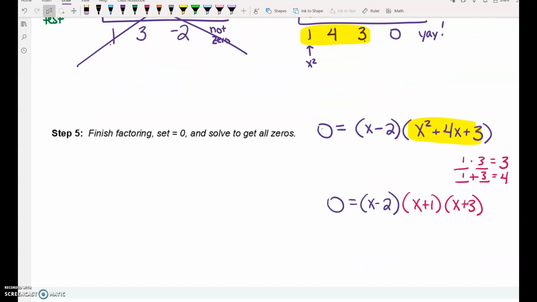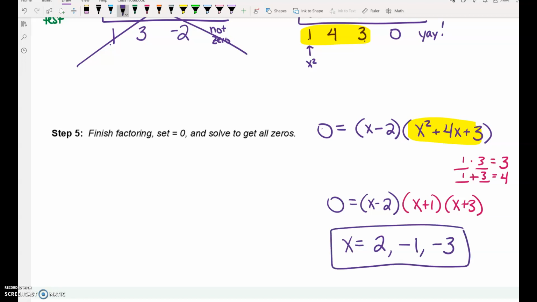What are our solutions? Positive 2, negative 1, and negative 3. We just took a polynomial that you could not factor by grouping, and we factored it.